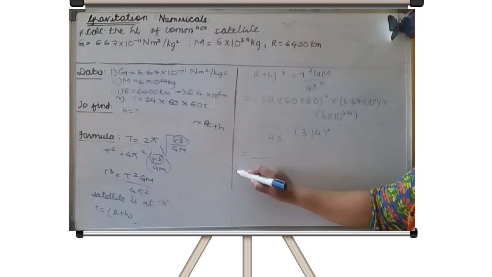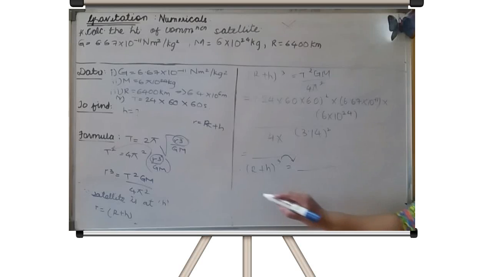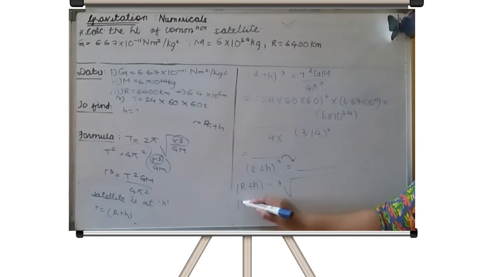Then whatever you found out is the value of R plus H the whole cube. You need R plus H, or rather H, not H cube. You will transfer this cube here and this will become a cube root. R plus H is equal to the cube root of whatever number you got. Then you will get the value of R plus H after taking the cube root.